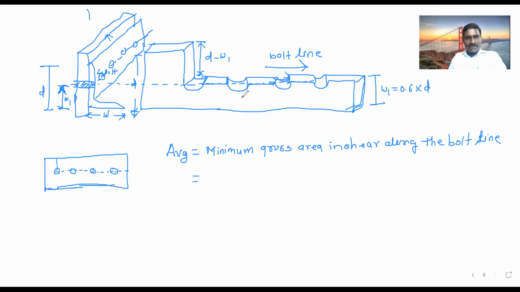This sketch and this sketch are similar. This is 3D and this is single line. Okay, are you getting this sketch? Yes, sir. And this line is the shear line, or this is your bolt line or shear line. We can also call it a shear plane.